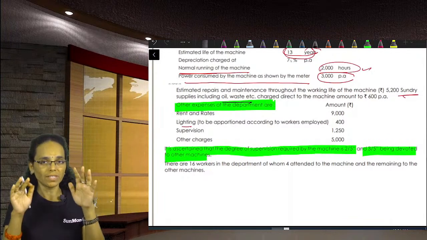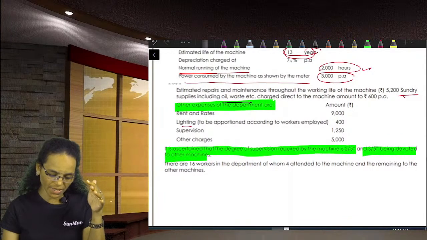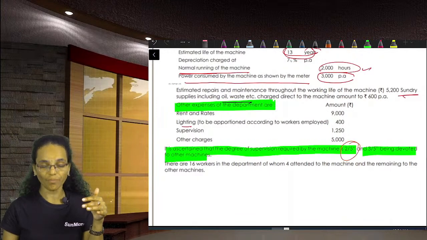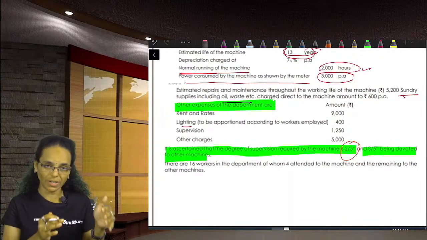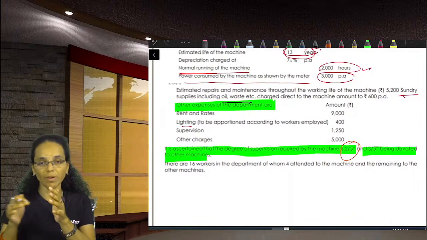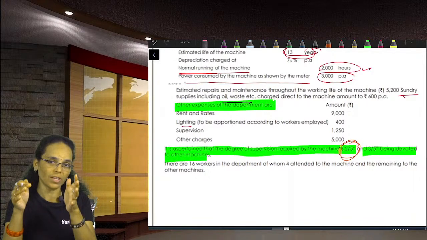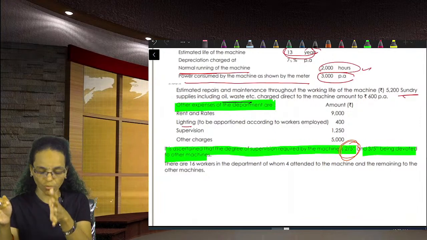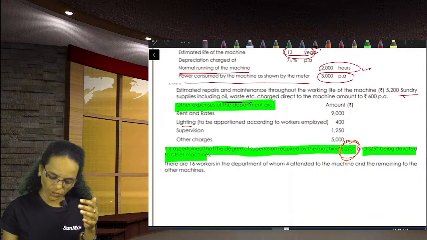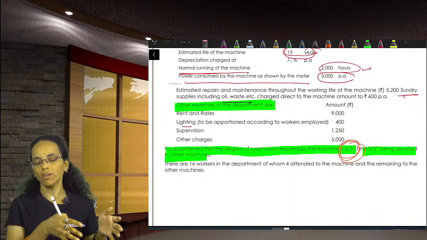See, the supervisor is there. This supervisor devotes 2/5 of his time to this particular machine and 3/5 to the other machines. So the expenditure we incur towards the salary of this supervisor will be allocated to this machine in the ratio 2/5.